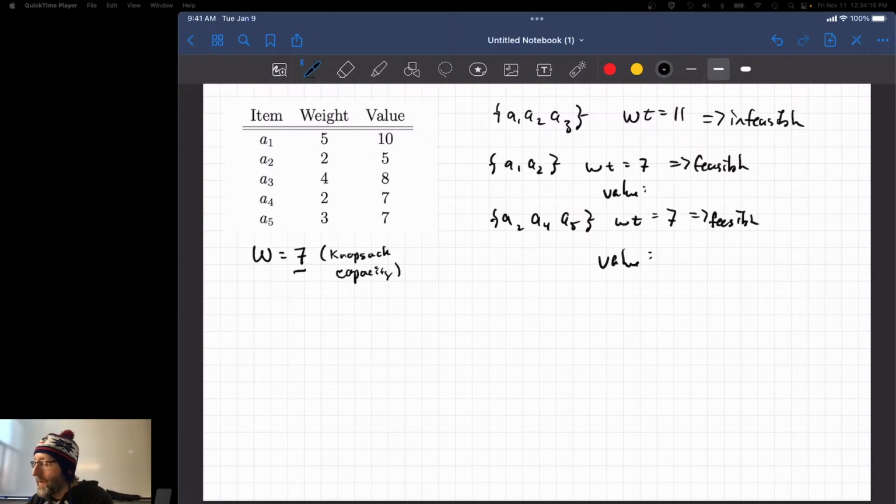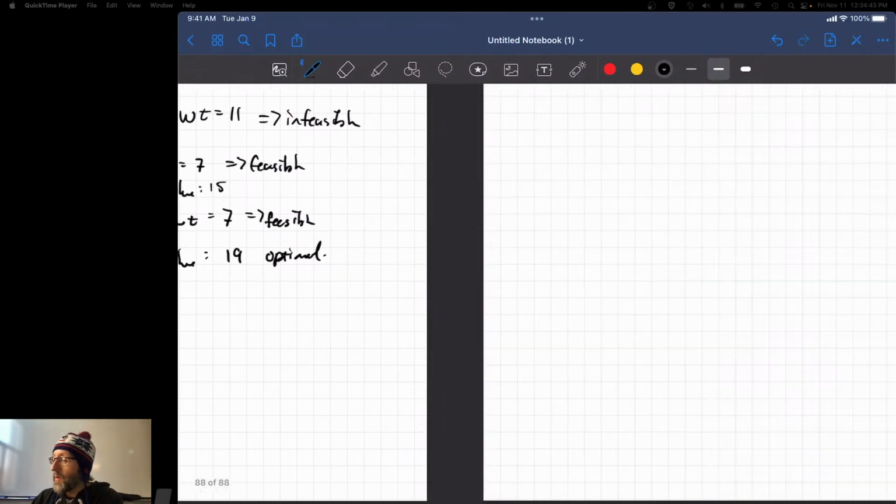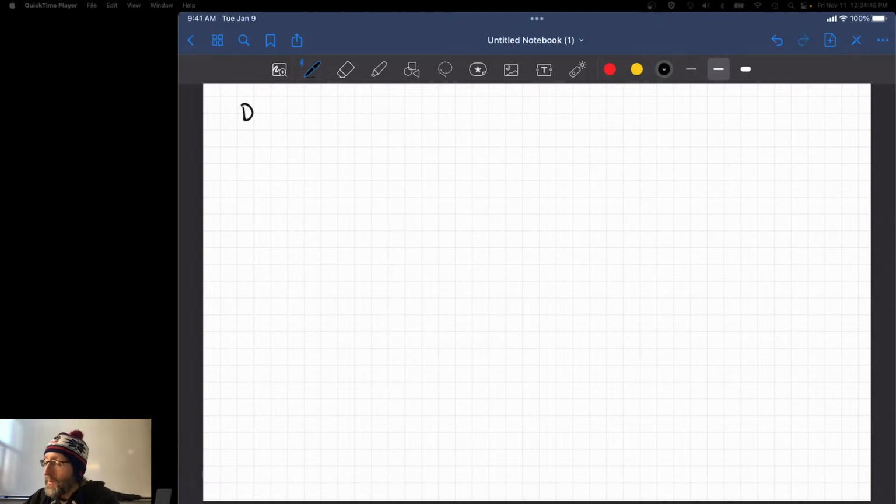That's going to be 5 plus 7 plus 7, which is 19. You're right. So this is optimal. That's the situation: you want to take as much as you can, subject to that weight capacity, but you also want to optimize the total sum of all the value of things that you're taking. Okay. So now we're going to develop a dynamic programming solution.